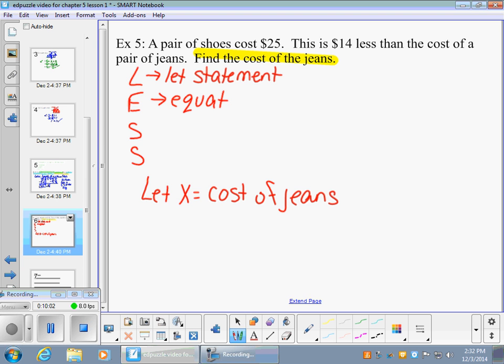Let's look back at the word problem and highlight important information that will help us create our equation. A pair of shoes costs $25. That's the total amount that the shoes cost. It also tells us that that amount is $14 less than the jeans.